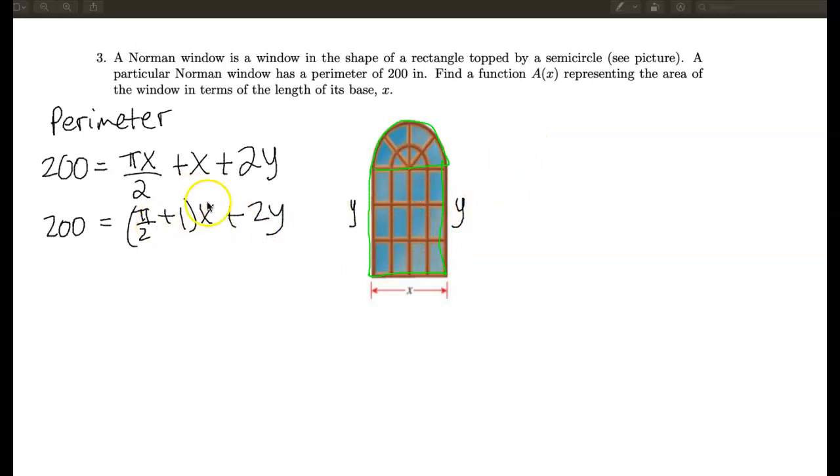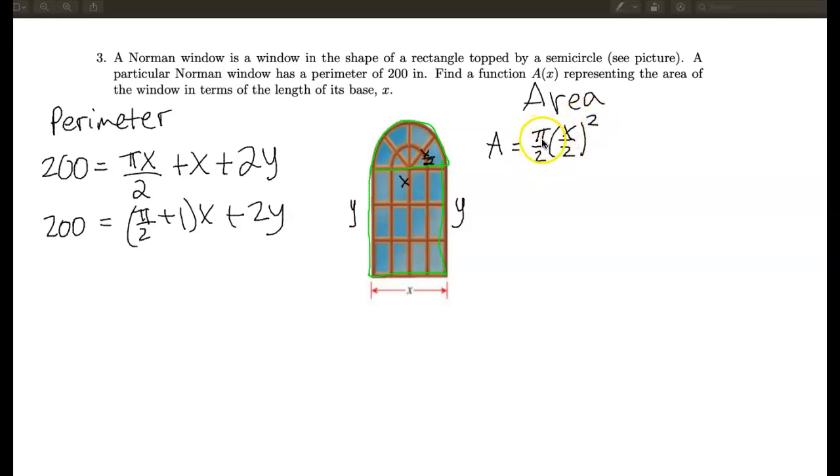And let's pause here for a second and look and see what we have with the area. Again, I'll start with the circle first. So the area of a circle is pi r squared, and in this case I want to use the radius. So the radius will be x over 2, and I also just have half the circle, so for the semicircle my area will be pi over 2 times (x over 2) squared.